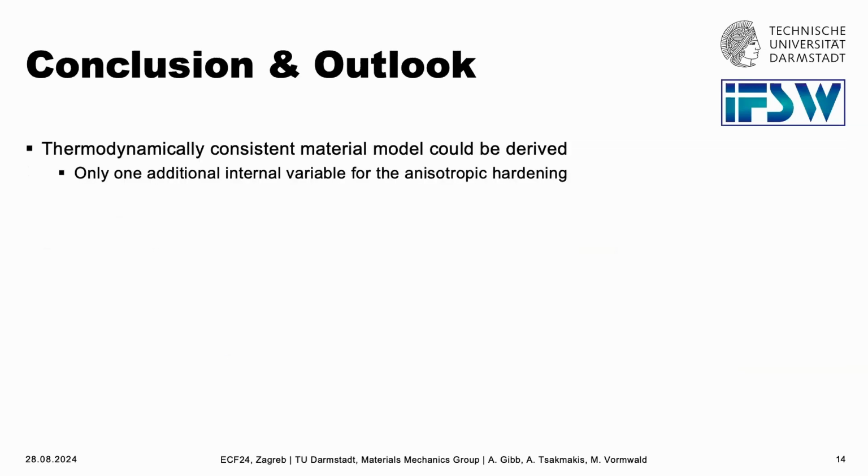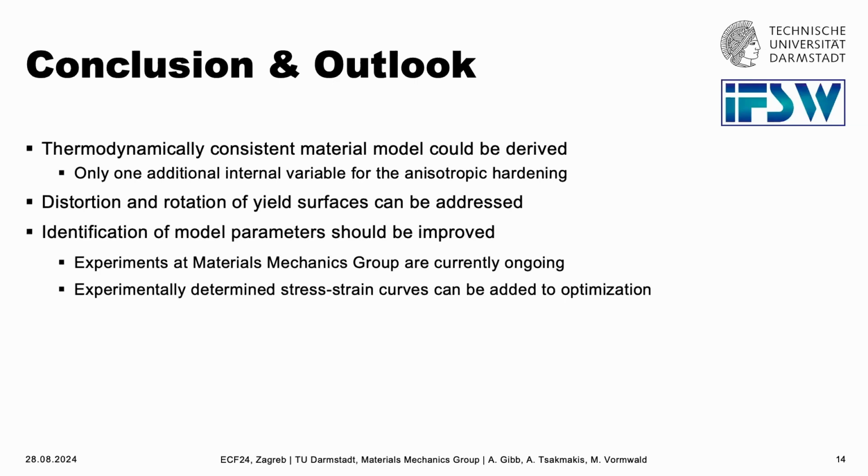So I want to conclude this talk. We derived a thermodynamically consistent material model where we introduced only one additional variable to address this anisotropic hardening. We can still address two effects, which is the distortion of the yield surface and the rotation of the yield surface.